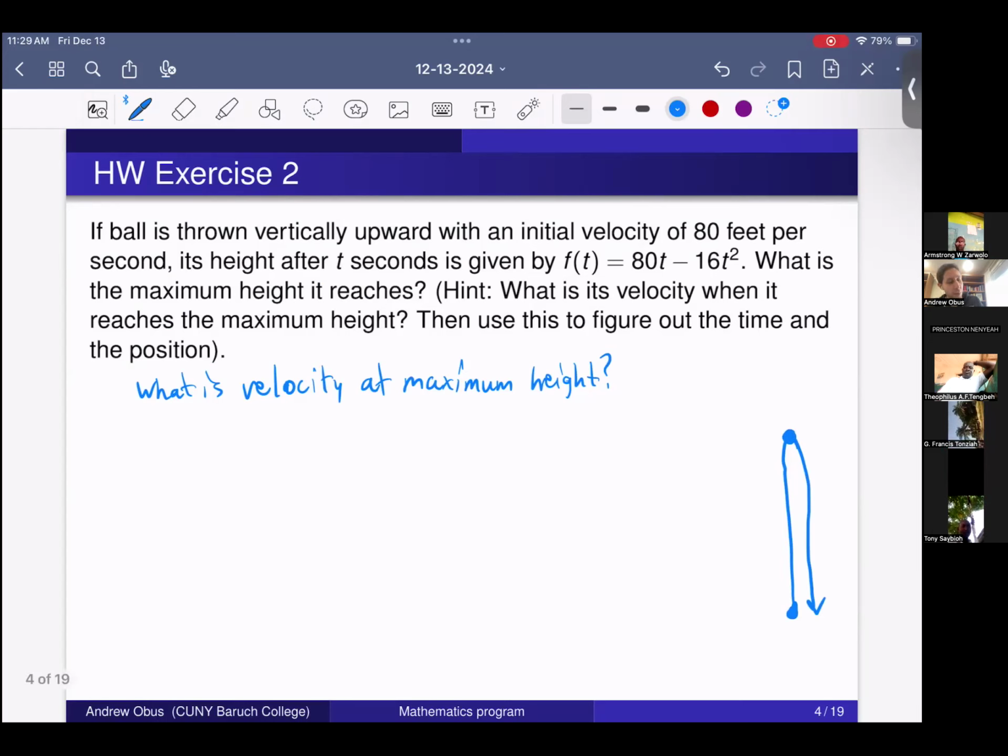The velocity is upwards, and then it becomes downward, and in the middle, it gets to this point right at the top of its arc. So what's the velocity of the ball at the top of the arc there? This is just a preliminary question.